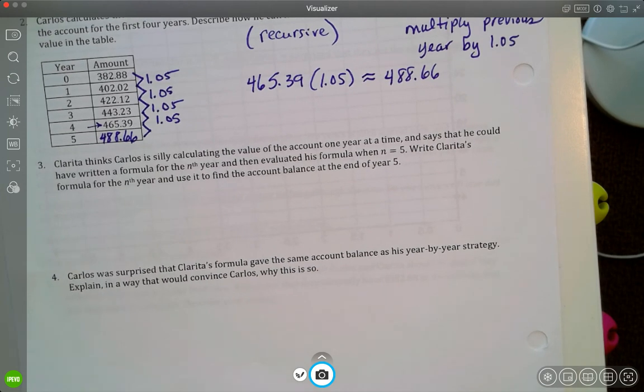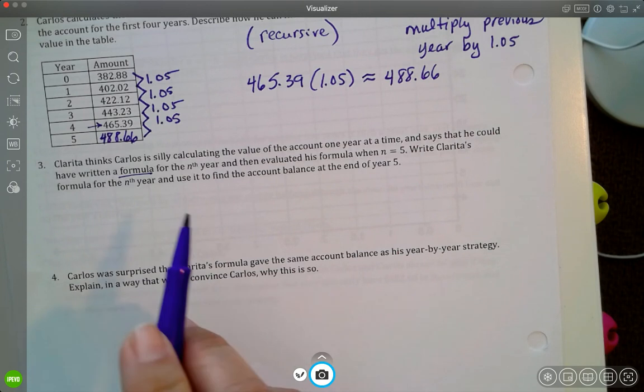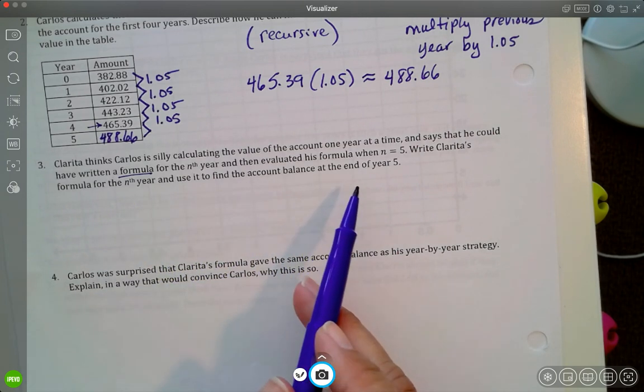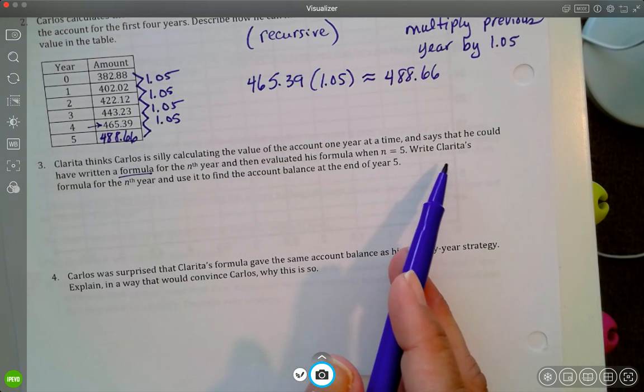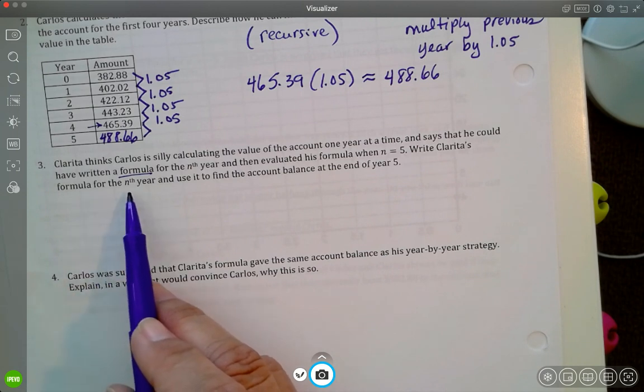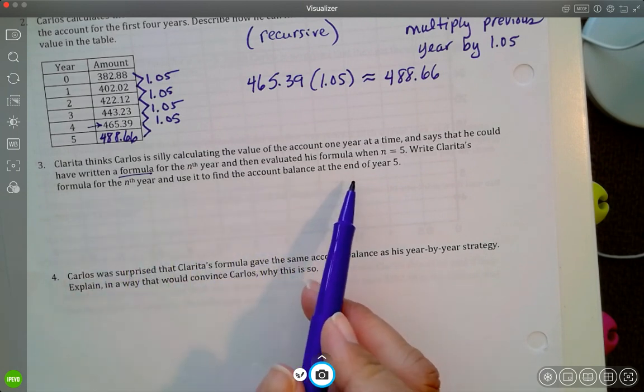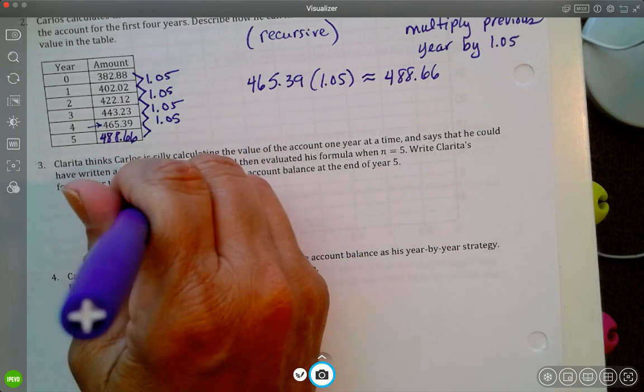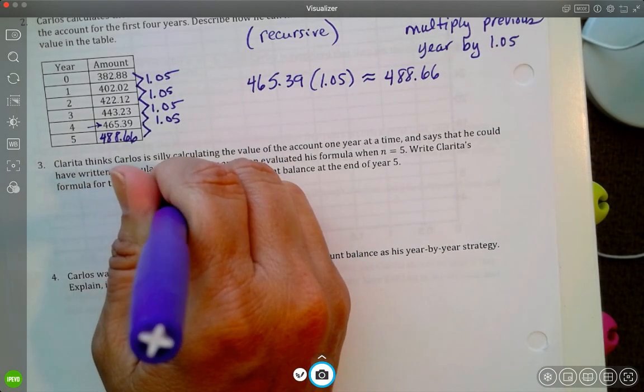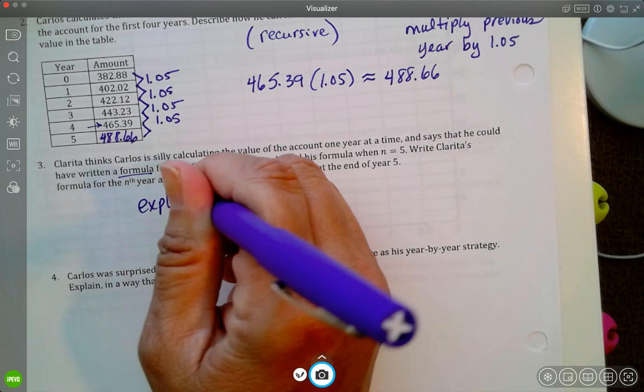Okay, so Clarita thinks Carlos is silly calculating the value of the account 1 year at a time and says that he could have written a formula, like an equation, for the nth year and then evaluate his formula when n equals 5. So write Clarita's formula for the nth year and use it to find the account balance at the end of year 5. Okay, so basically she's saying don't think about it recursively, write an explicit formula.